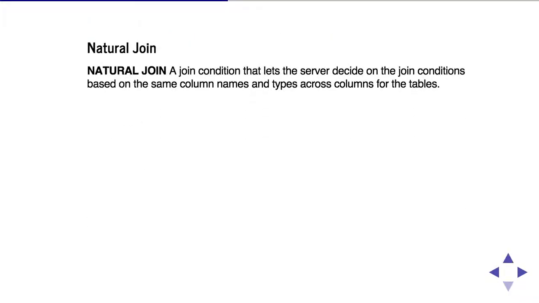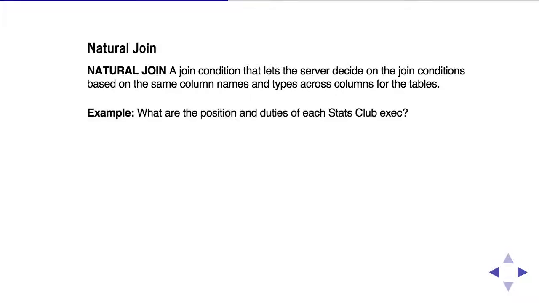Natural join is where we join up tables and let the server decide the join conditions across the tables. So for natural join, we don't need to specify the ON condition. It just tries to figure it out. That's the reason why you want the columns to have the exact same name and data type.